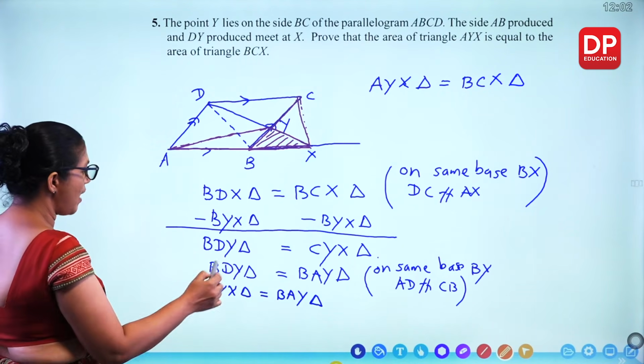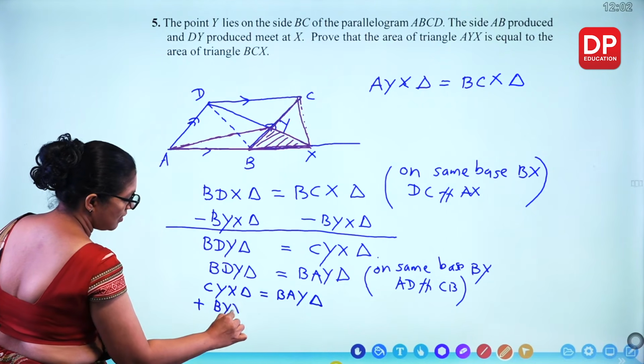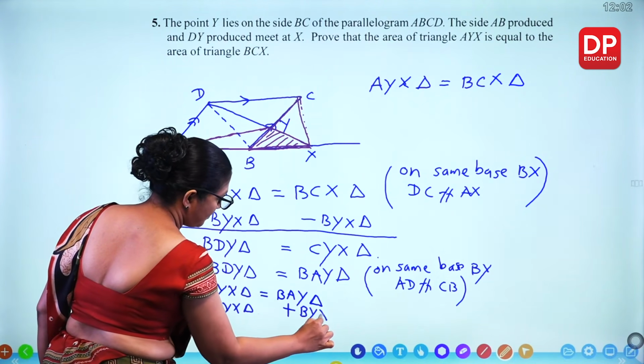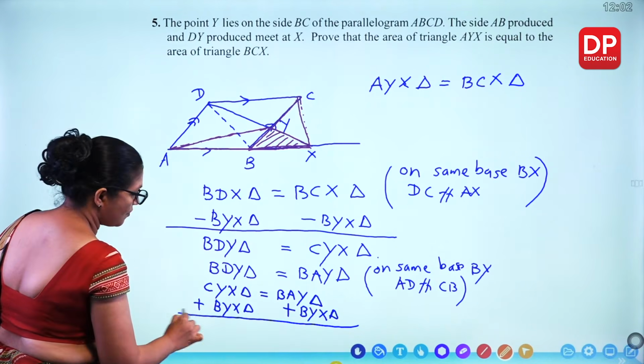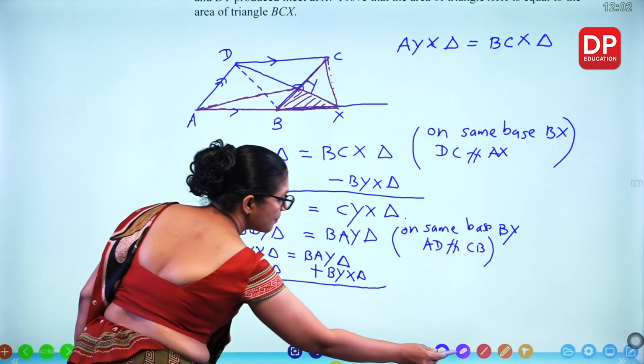Now we'll try to add BYX triangle to both sides. So what am I getting?